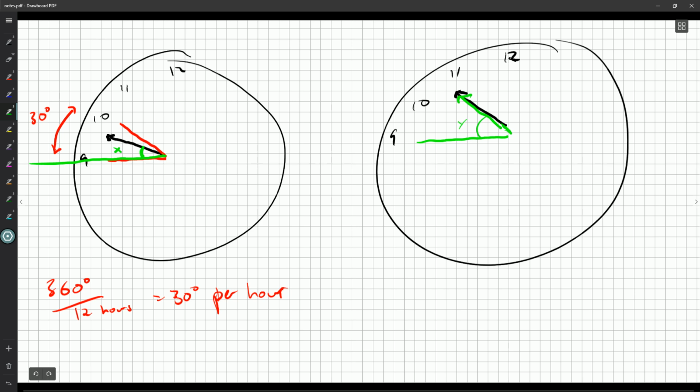Now, the way the question's phrased makes me think that there's only a unique pair of minute and hour hands that will do this. So there's got to be a unique answer, I would suspect, at least.